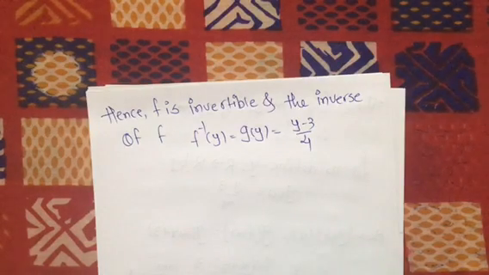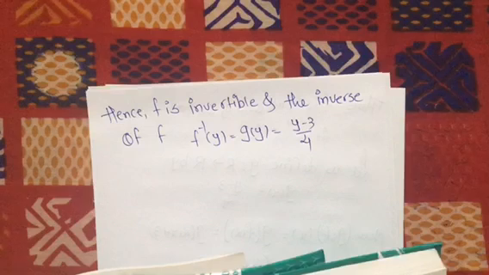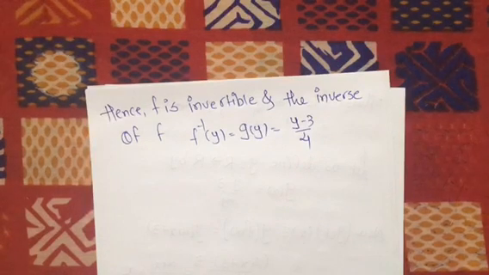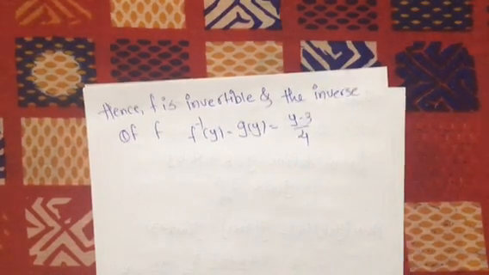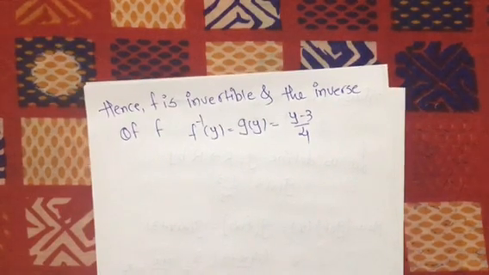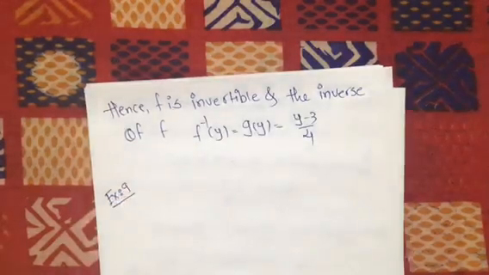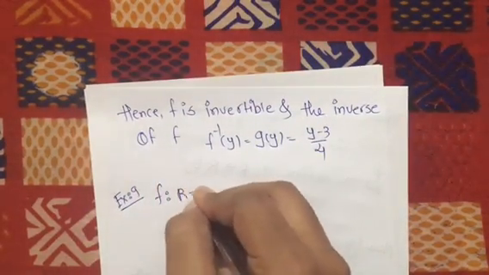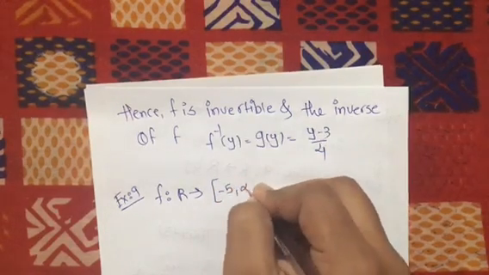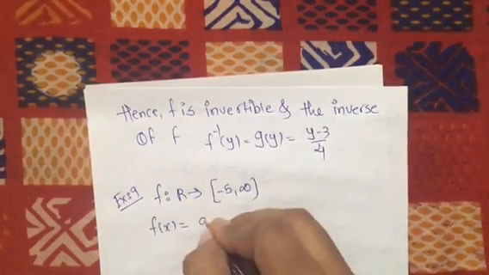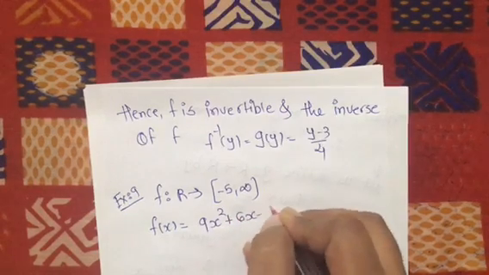In which we have: consider the function f from R to [minus 5, infinity), given by f of x equals 9x square plus 6x minus 5.